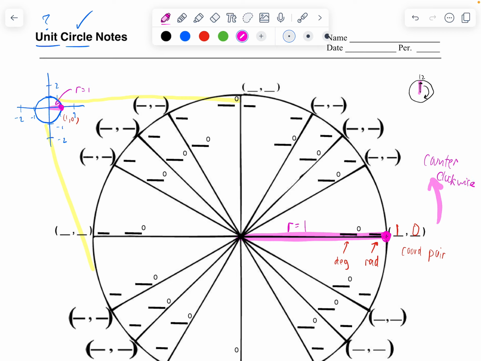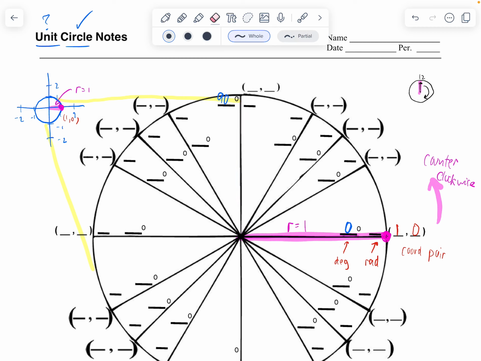Okay, so what do I mean by that? If this is the beginning, we'll say that this is 0 degrees. Now, if I sweep from this angle all the way to right here, what angle is that? Well, that is a 90-degree angle. So right here at the top is 90 degrees.